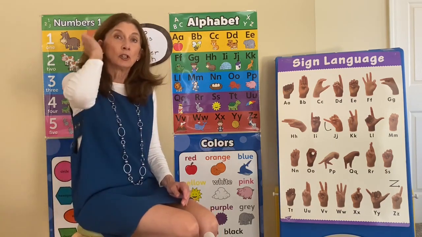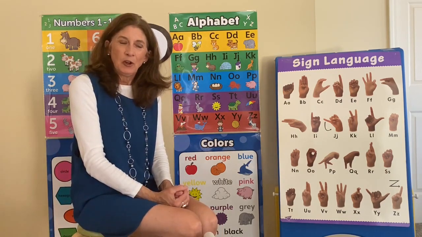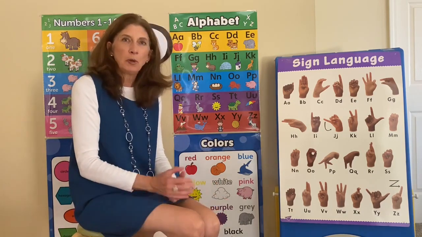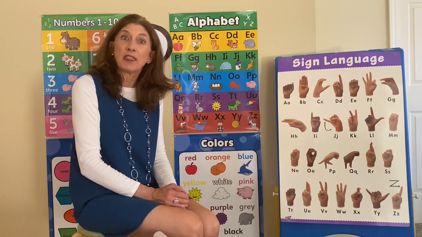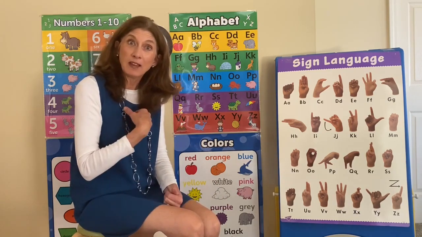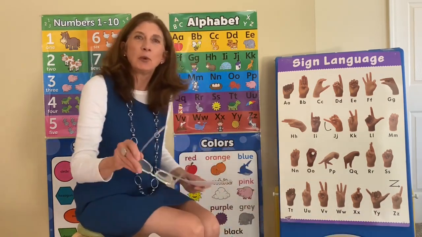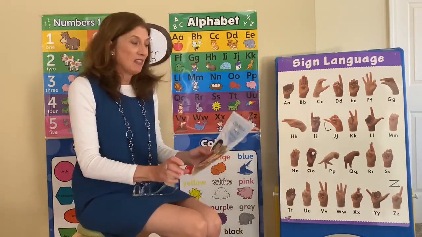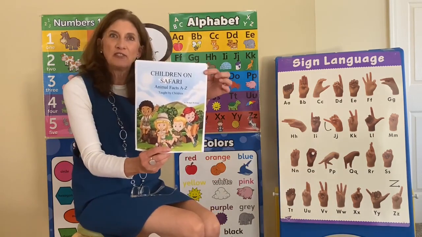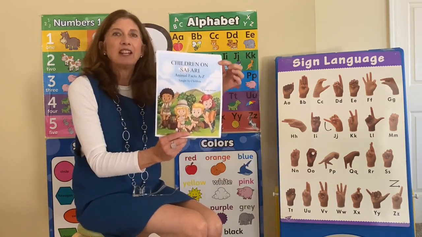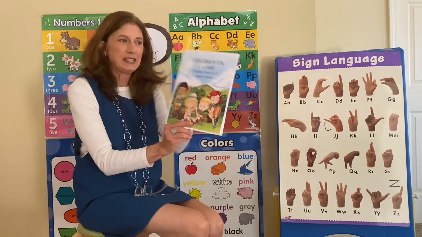Next, let's learn about ostriches. Remember how I would teach my preschoolers all about whatever animal we were learning, and then they would remember things and tell me what they remembered, and we put a book together about what they remembered so we could teach other children. And this book is called Children on Safari, and it's all about animal facts, and it starts with alligators and ends with zebras.